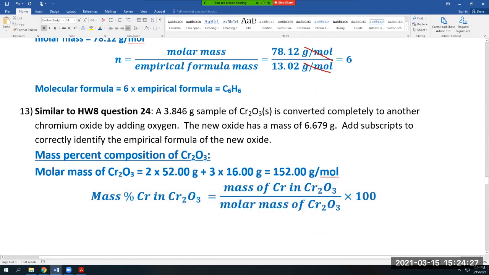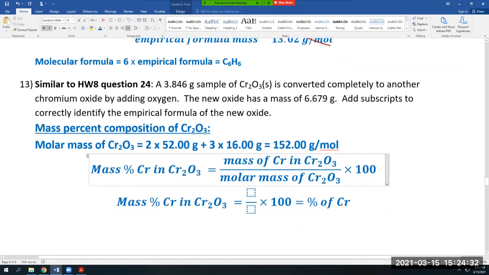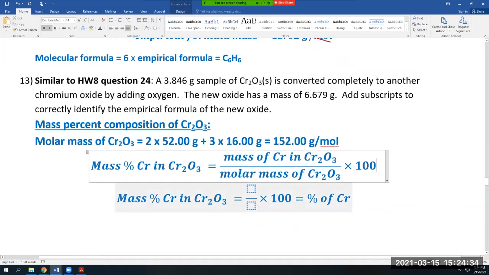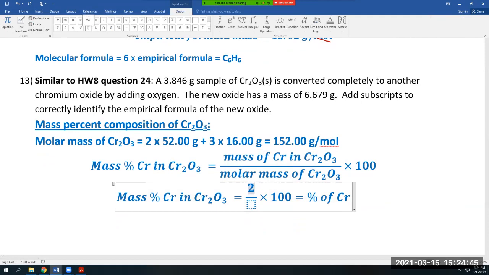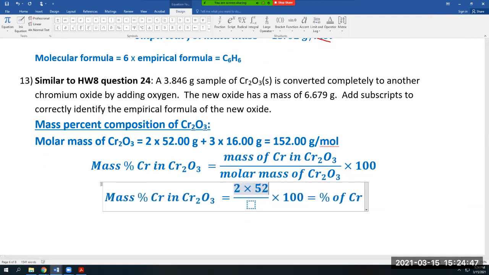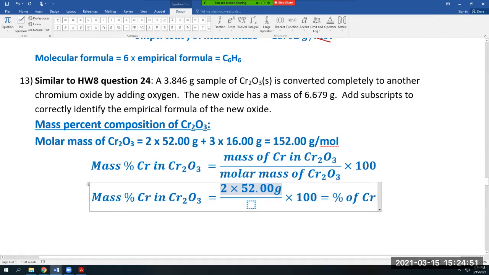So if we plug in the values, the mass percent of chromium in Cr2O3 is the mass of chromium, which is 2 times 52.00. That's the contribution in mass of chromium. And then the molar mass we just calculated, it's 152.00 grams.